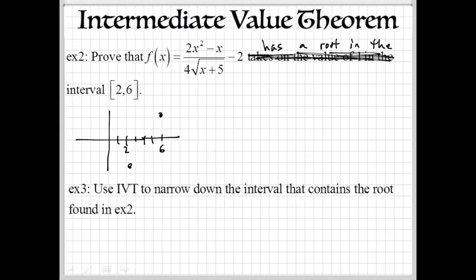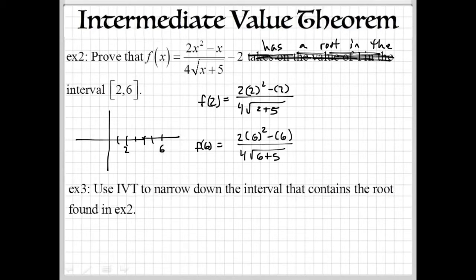We don't know what it is unless we actually graph it. So we just want to know if there's a point below and above, or above and below the line. So we're going to have to take the 2 and plug it in, and take the 6 and plug it in at 2 separate times to see what values of f of x it gives us. Bam!